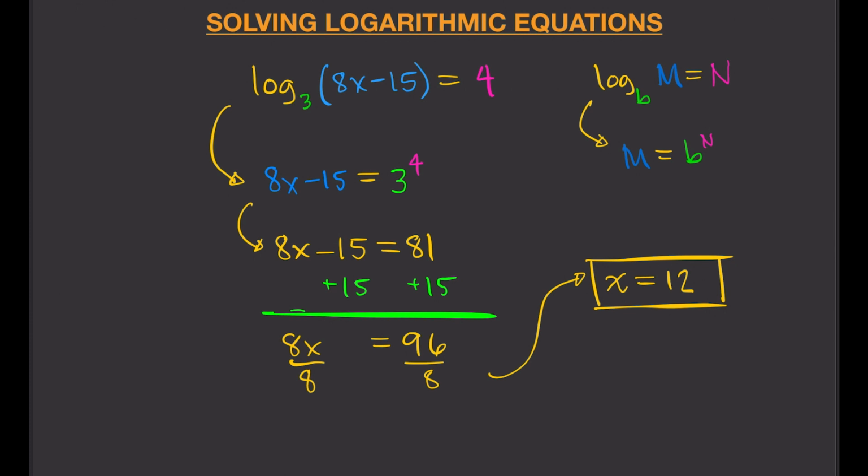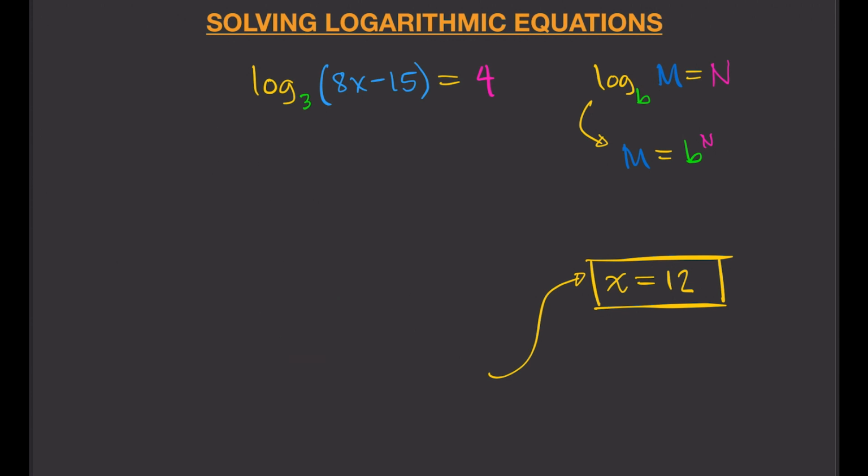Okay, so now all we need to do is check if this works. So let's plug in 12 for x, so that will give us log base 3 of 8 times 12 is 96 minus 15 equals 4. So that's log base 3 of 96 minus 15, which is 81, equals 4.